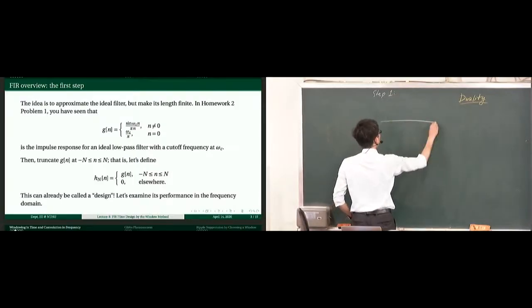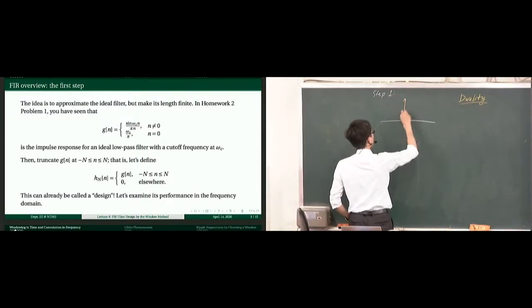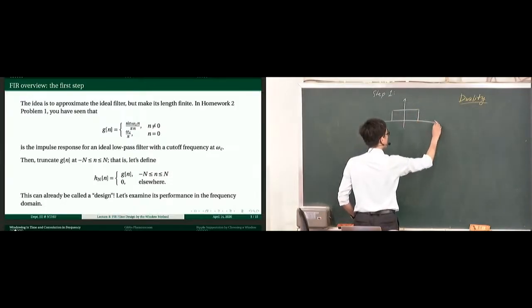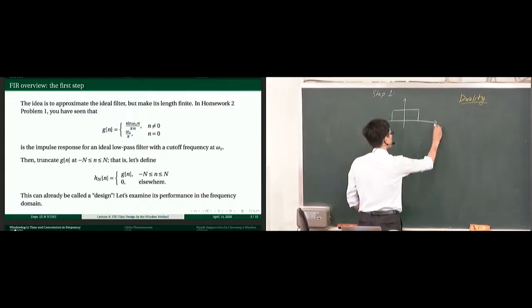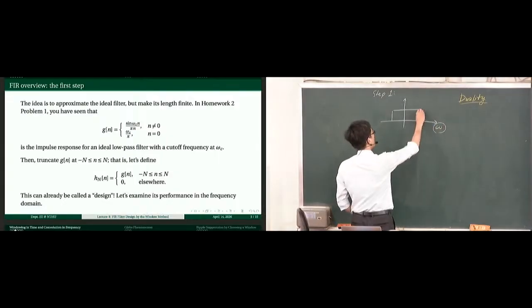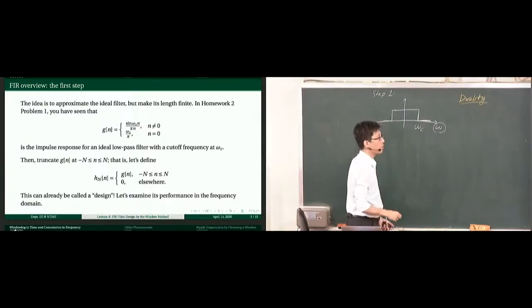Think about an ideal filter in the frequency domain. Our frequency axis has no borrowing of an analog prototype; we just start straight ahead in the discrete-time domain. Imagine we want an ideal filter with a cutoff frequency omega c, small omega, where c stands for cutoff.